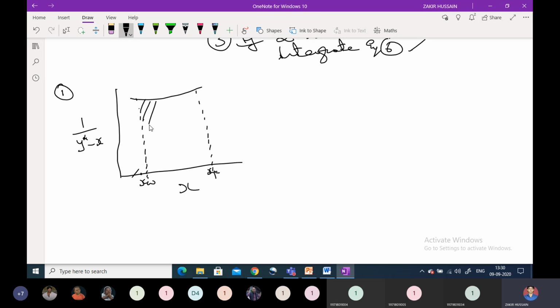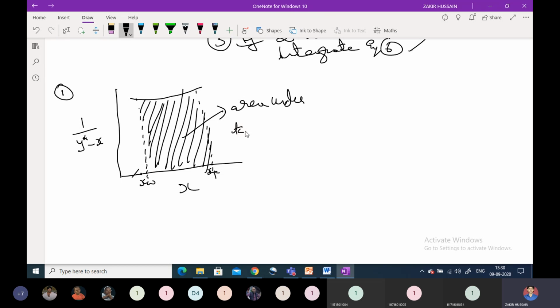These two points will be projected until the curve. Then the area under this curve from xw to xf will be calculated. So our Rayleigh's equation will become ln w by f is equal to area under the curve.